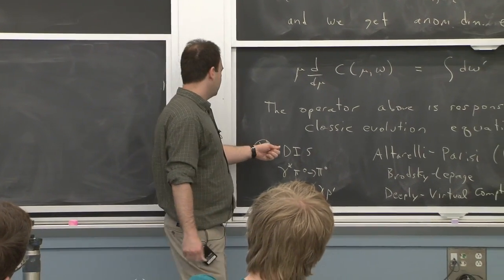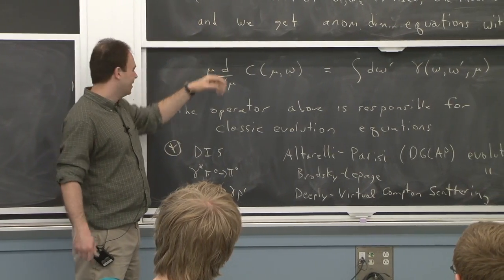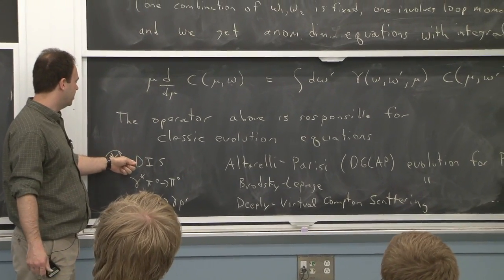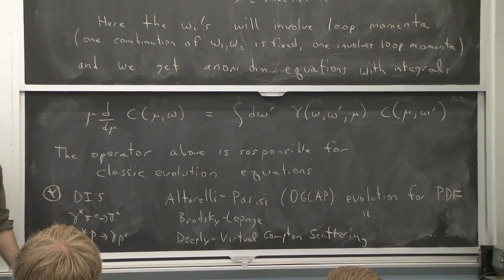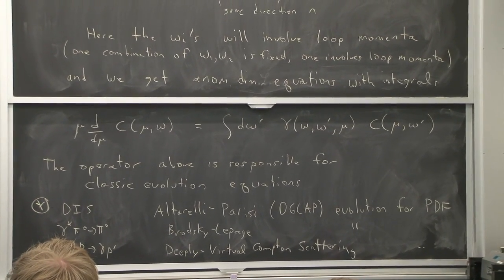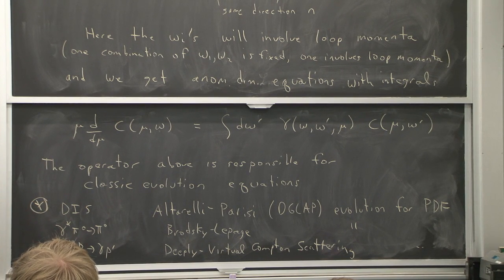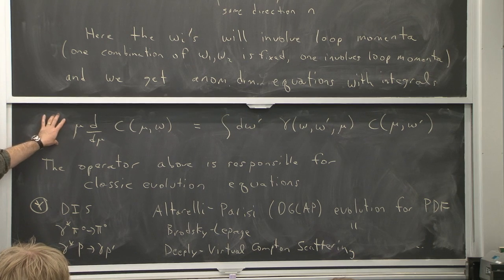So first I have to convince you that in deep inelastic scattering you actually get that operator. And we'll see precisely what kind of matrix elements of that operator show up in deep inelastic scattering, why we get that operator. And then once we're convinced that we have that operator, and we'll actually derive a factorization theorem that involves that operator, then we'll talk about its renormalization group evolution, and I'll show you that it has this form that I'm writing here.